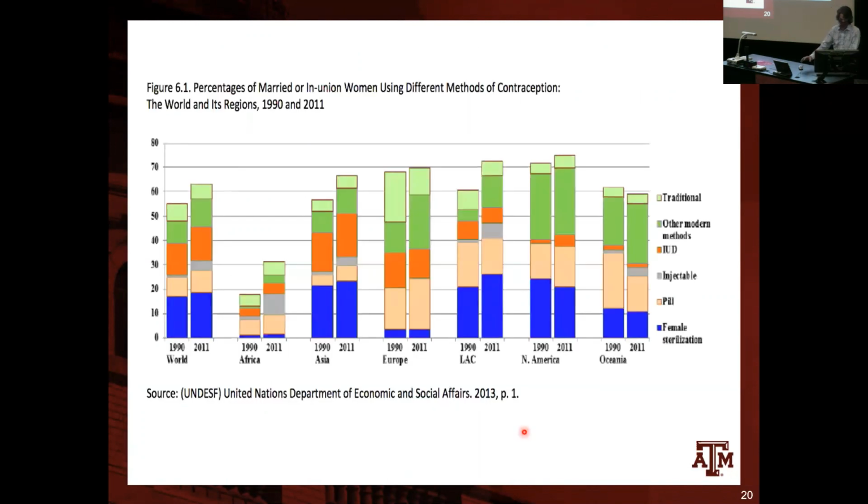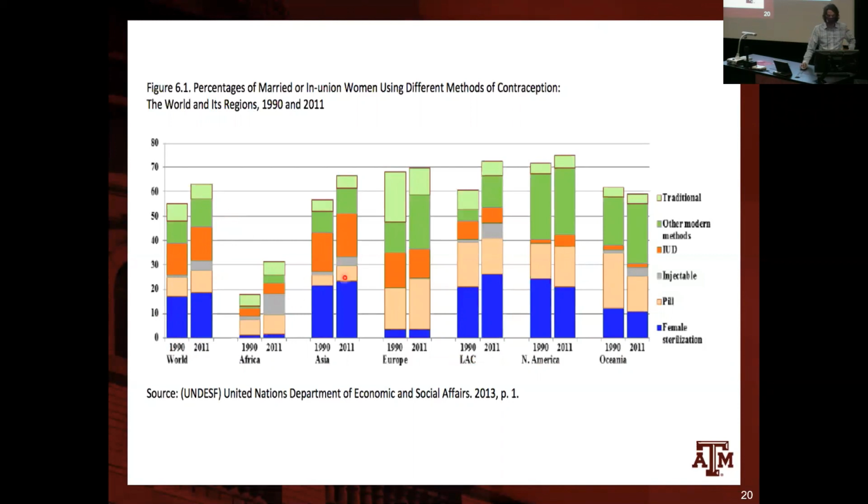And this is exactly the data that we are showing from 1990 to 2011. Here we show data for the world, from 1990 to 2011: Africa, Asia, Europe, Latin America, the Caribbean, North America, and Oceania. Female sterilization has the highest percentage, and also IUD. Pills also have a higher percentage by themselves, and other methods of family planning.